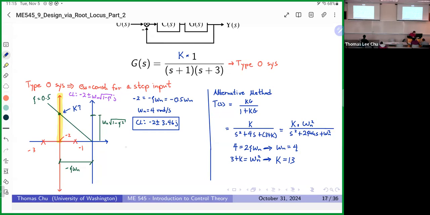Otherwise, I would have to apply the magnitude criterion, where K is equal to 1 over the magnitude of G of s evaluated at s is equal to -2 plus 3.46j. And we would get 13 as well. Both ways will get you the same answer. Two different ways.